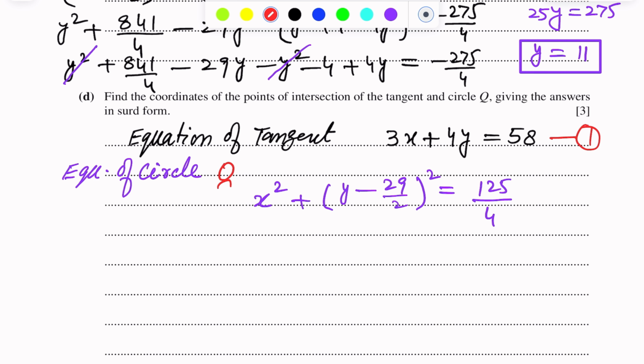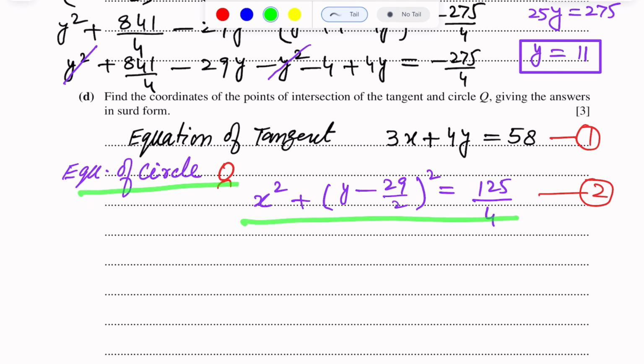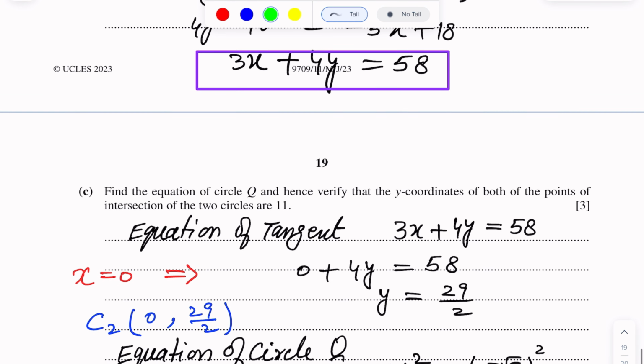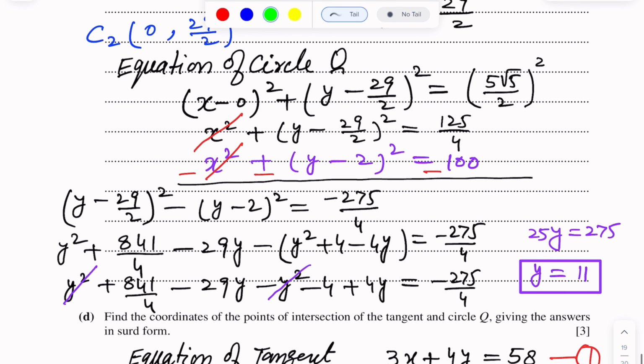Let this be equation number 2 for reference. We have already found the equation of circle Q.